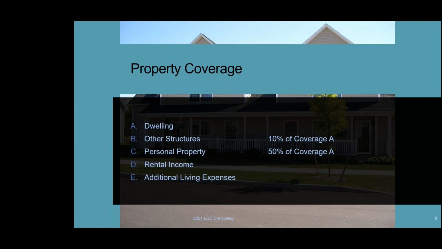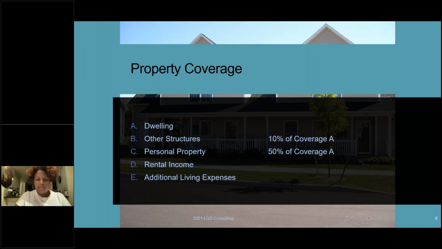Now, when I say lost rents, it pays the missing rents that the renters would have paid you minus discontinued expenses. Discontinued expenses would be utilities, right? Because if the place burned down and there's nobody there, there's nobody using gas, electricity, so we, the insurance company, are not going to pay you for something no one's using. Because again, that would be a gain for you. But that's rental income.